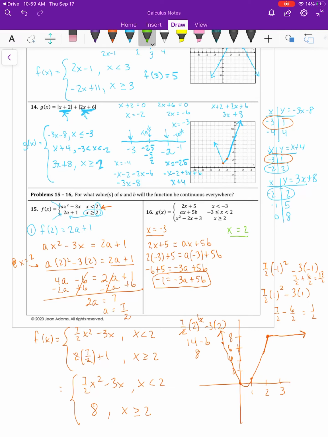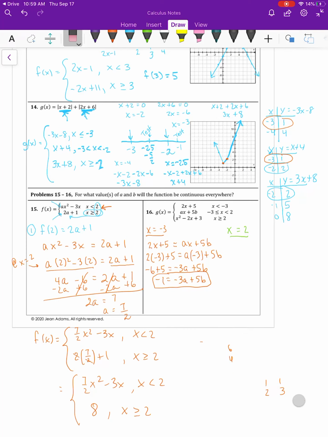Let's figure out the other one, because we've got two unknowns, so we need something else. I'm going to erase this right here. Okay, so now, when x is 2, to the left of it is ax plus 5b. To the right of it is x squared minus 2x plus 3.